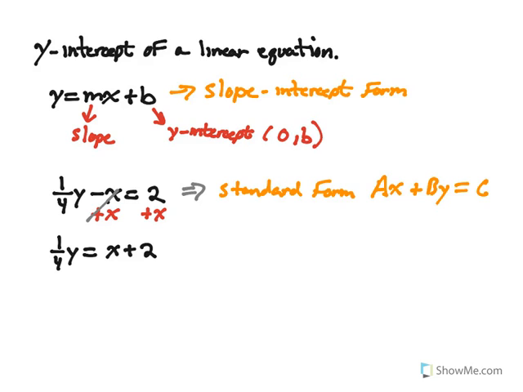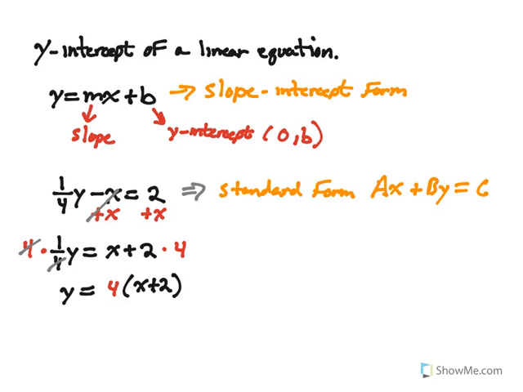Then for the 1/4 y, we can multiply both sides by its denominator. When we do that, we can cancel the 4s, and you're just left with 1y, or just y. This is going to be written as 4, and then in parentheses, x plus 2.